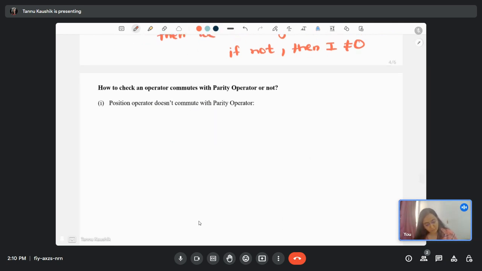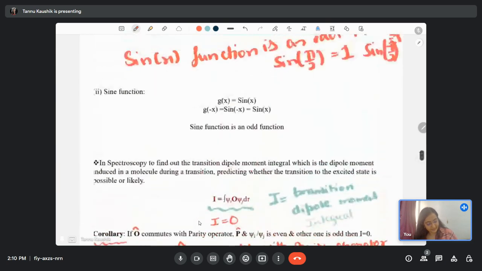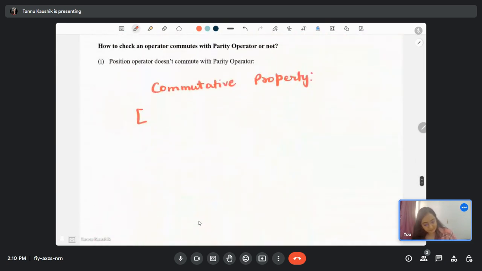so for now we will find out how to check whether an operator commutes with the parity operator or not. So firstly, let me tell you what this commutator thing is. Commutative property.